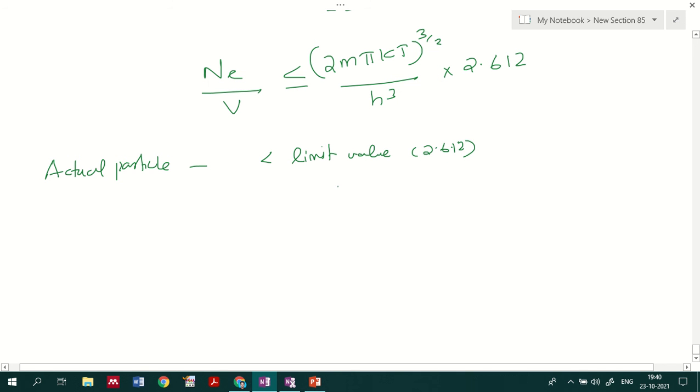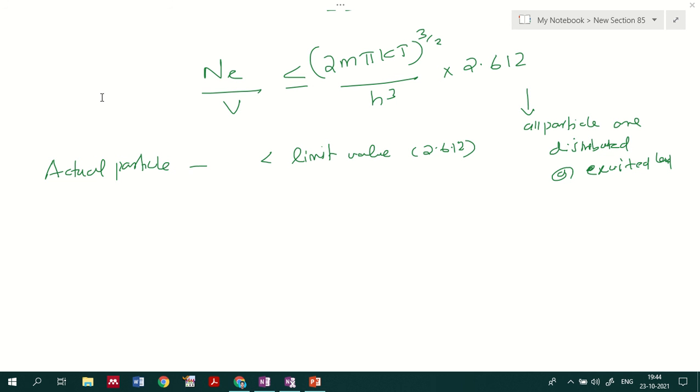You can only achieve this value if all particles are distributed at excited levels. If the actual particle number exceeds this limit, the extra particles will be de-excited to the ground level.